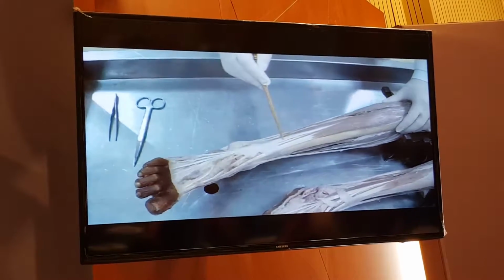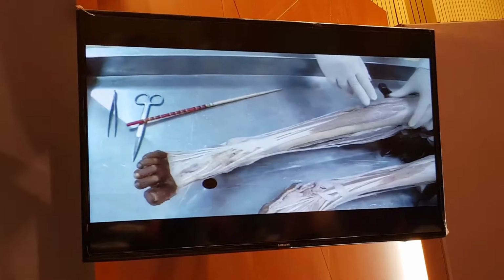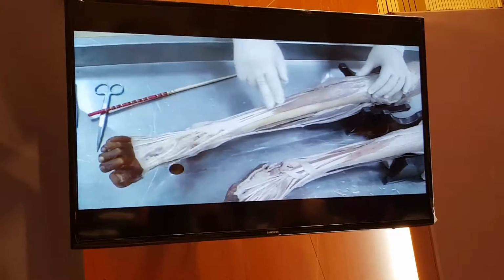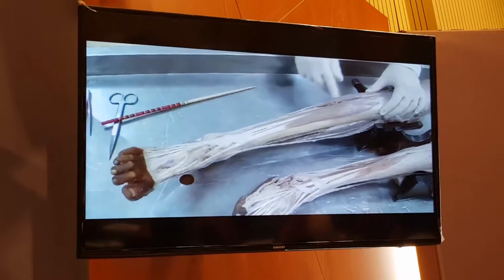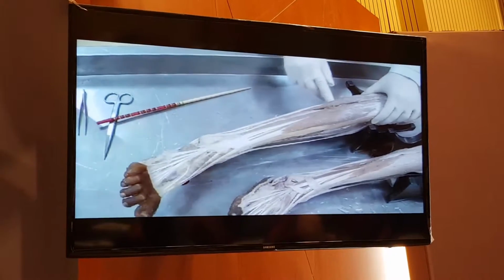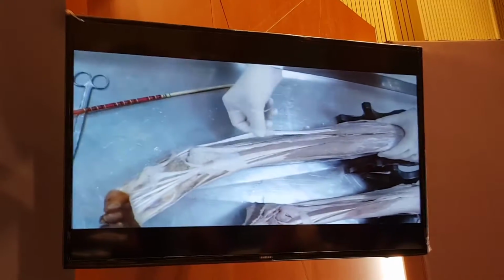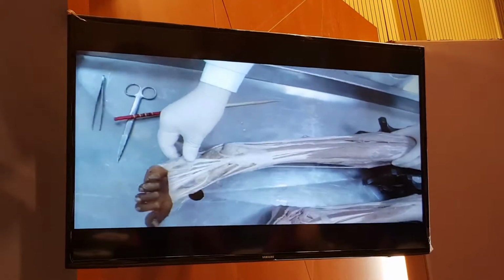All these muscles will extend the ankle joint and are supplied by the deep peroneal nerve. The deep peroneal nerve is the nerve of the anterior compartment. The superficial peroneal nerve is the nerve of the lateral compartment, which supplies the peroneus longus and peroneus brevis, which are evertors of the foot.